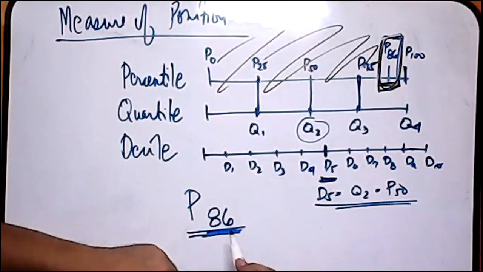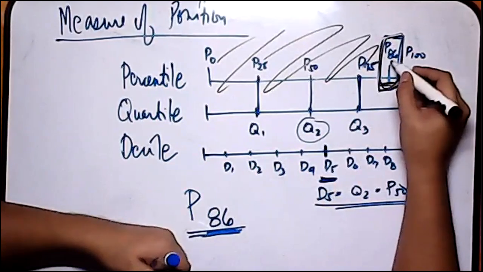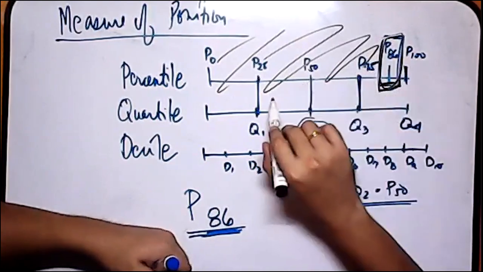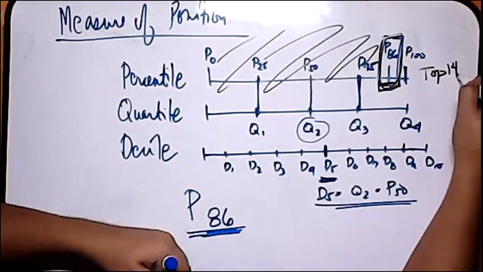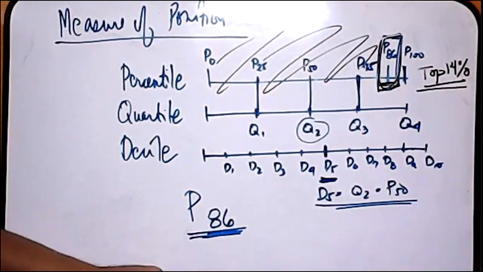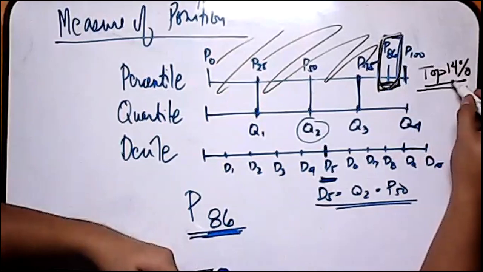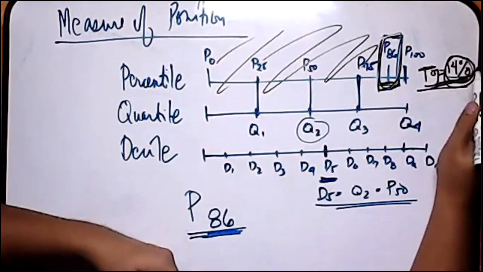It suggests that you outperformed 86% of those students who took the same exam. In other words, you belong to the top 14% of the examinees. Okay, bakit siya top 14%? Kasi nga, 100 minus 86, 14. Okay, so nasa top 14% ka.